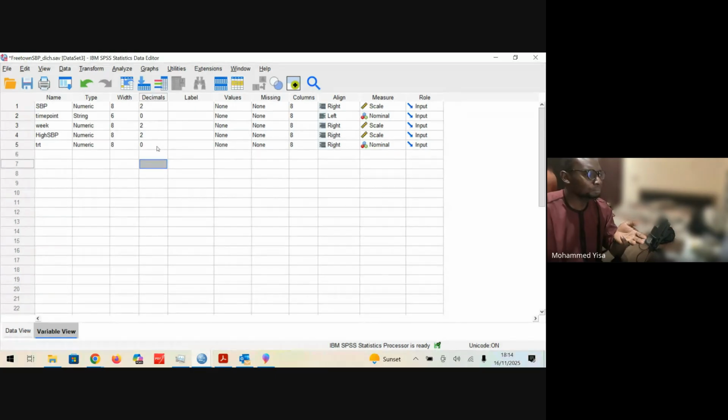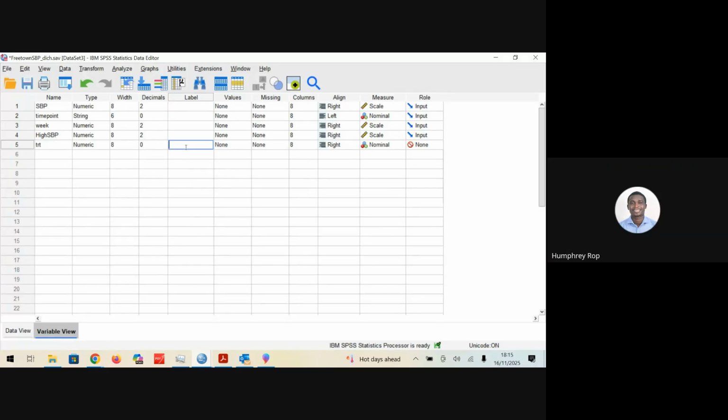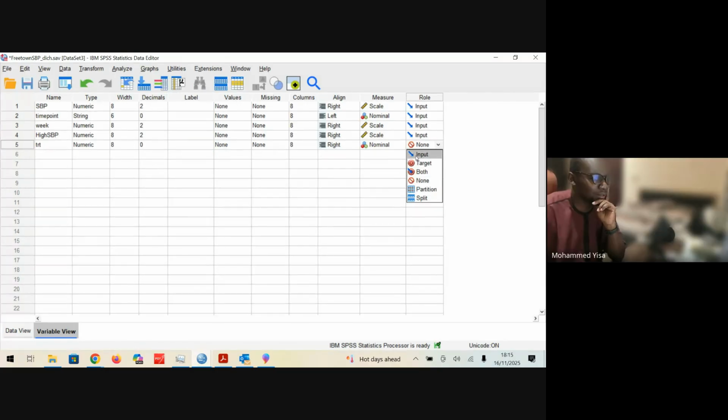And then label, I can even come here and assign label. Trying to assign a label, values, oh, values, not label, sorry.